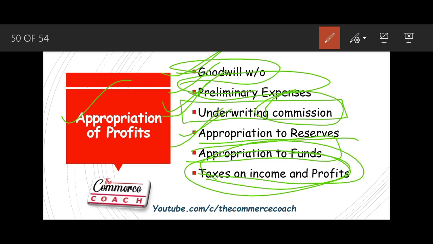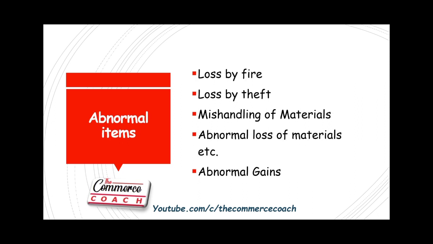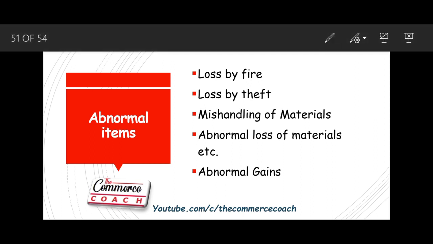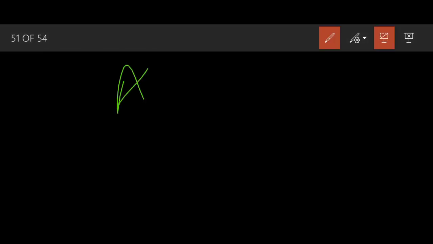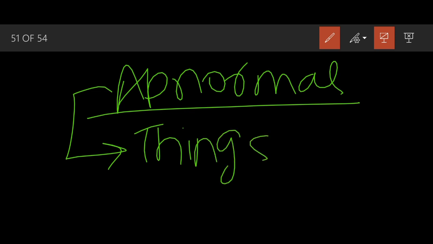Okay. Now we have also seen some of the items that will come under the head of appropriation of profit and shall not be included while preparing the cost sheet statement. Now abnormal items. So what are the abnormal items? Abnormal means things that are happening to you only.